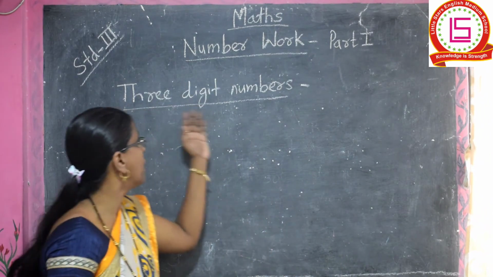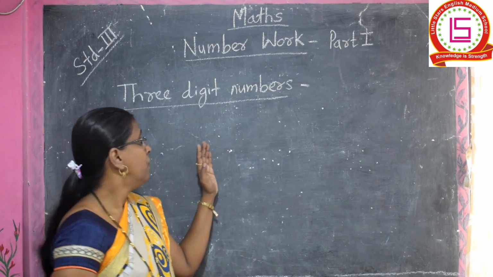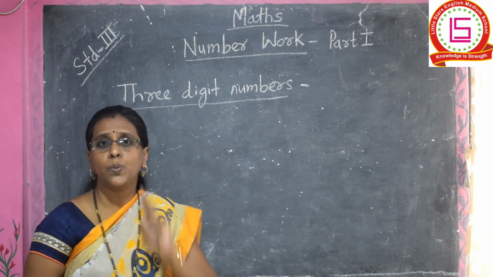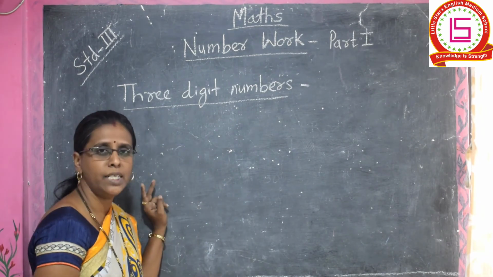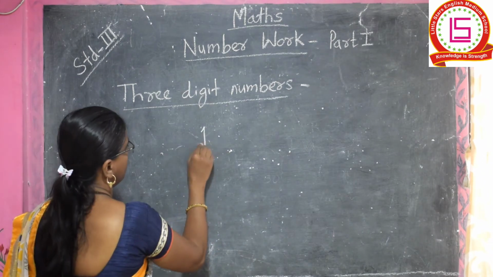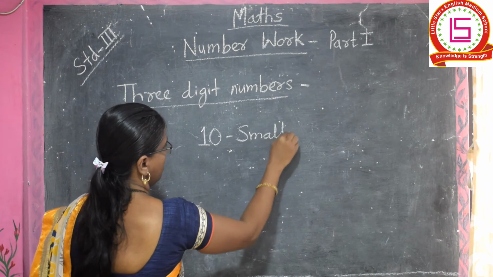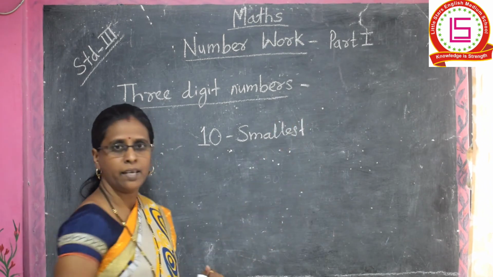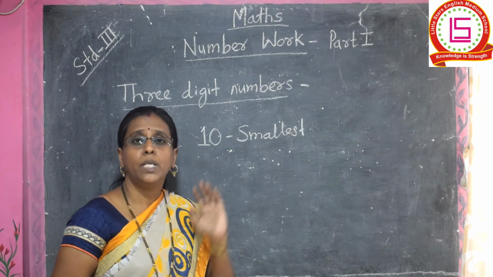Now we start with 3-digit numbers. Can you tell me which is the smallest 2-digit number? Yes, 10. Here 10 is the smallest 2-digit number.